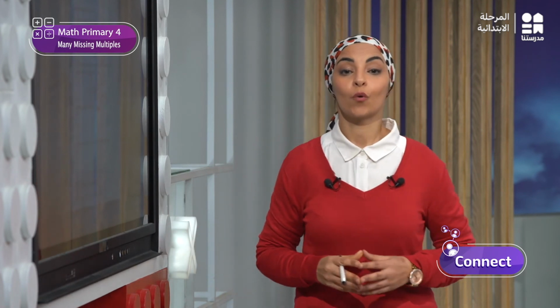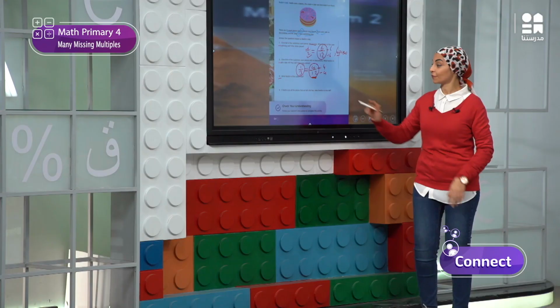Let's see now the third question. We want to know the fraction that represents the remaining part, the remaining parts of the cake after the clients have taken the pieces decorated with flowers and the plain pieces. So what are the pieces left? The left ones are decorated with hearts. How many decorated pieces with hearts do I have? I have 2 pieces out of 12.